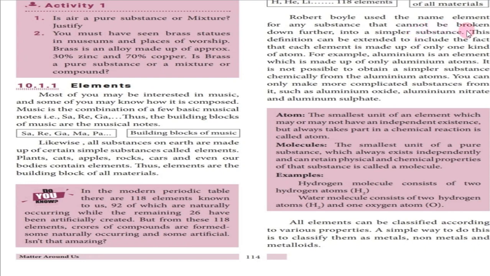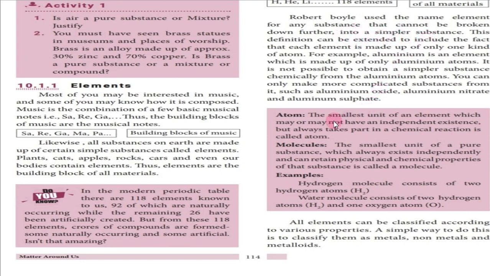So we cannot break it down further into simpler substances. Elements cannot be broken down into simpler substances. Not only chalk, any other thing. If you take iron, we cannot break it down into simpler substances. If you break aluminium, you will get aluminium only.